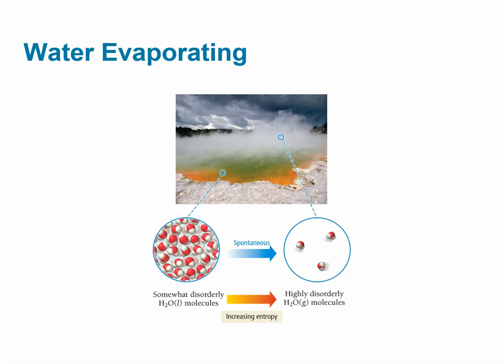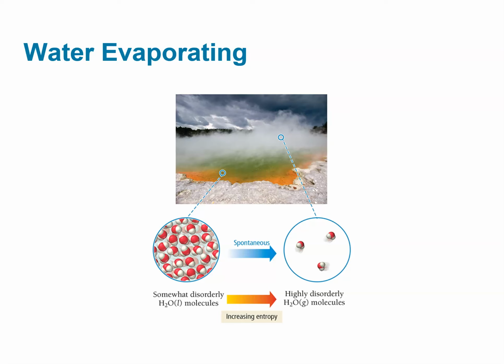So another example of increasing entropy is the evaporation of water, where we go from liquid form to gaseous form, where you have this 3-dimensional ability to translocate and rotate and move in liquid form, but then in gaseous form, you have a lot more space between the actual molecules, and you also typically have a faster degree of motion and rotation in those molecules. And this is an example of an increased entropy as well.